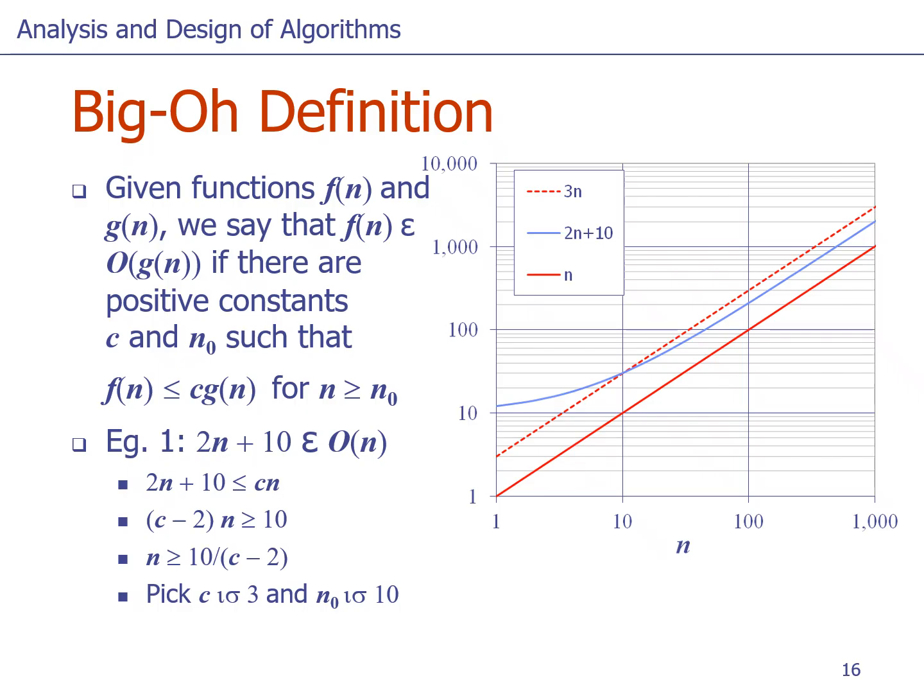And g of n is the asymptotic order I am interested in proving that f of n is in. When I say it is in it, it means g of n is above it. Okay, so g of n is an upper bound, it's above the f of n, because that means f of n will never ever be worse than that. And this is the essence of big O.